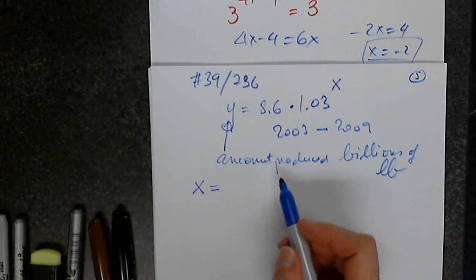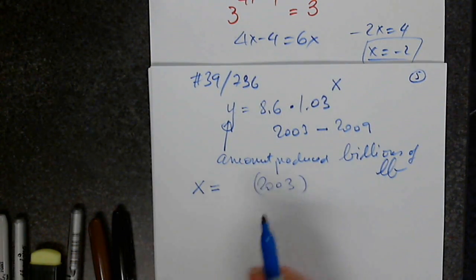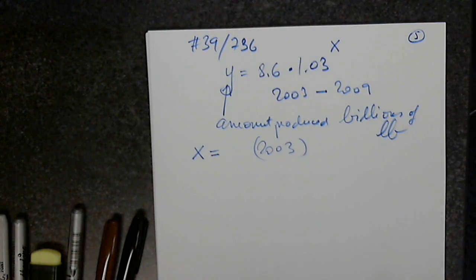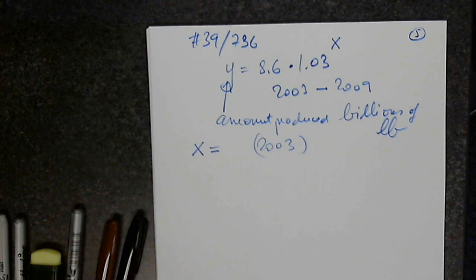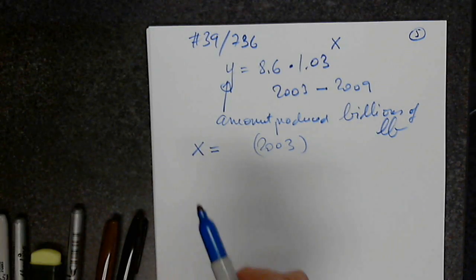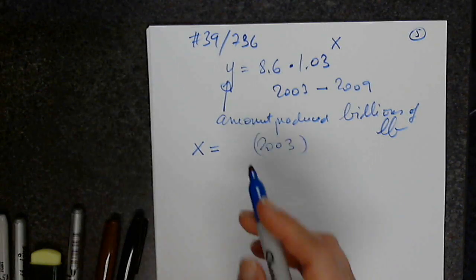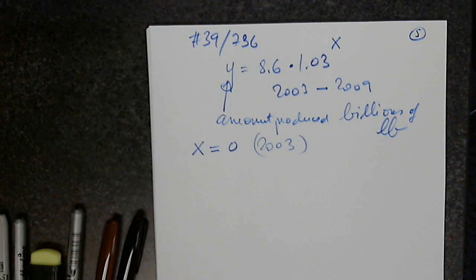So what does x equal to represent 2003? Okay, let me read that again. X represents a number of years after 2003. So what will you say x equals for 2003? 0. Excellent. Good.